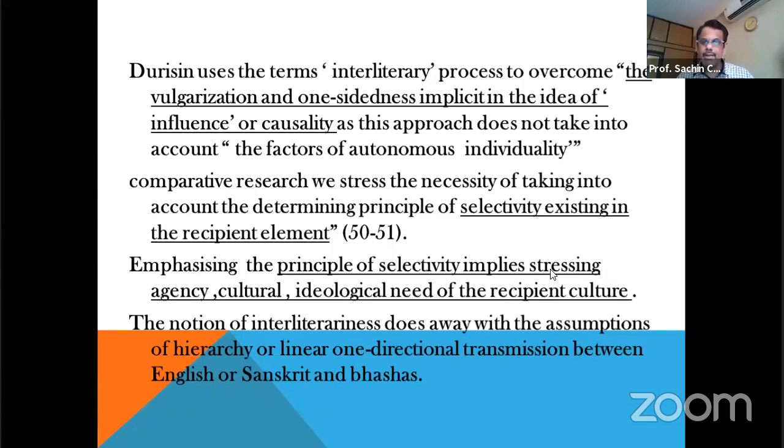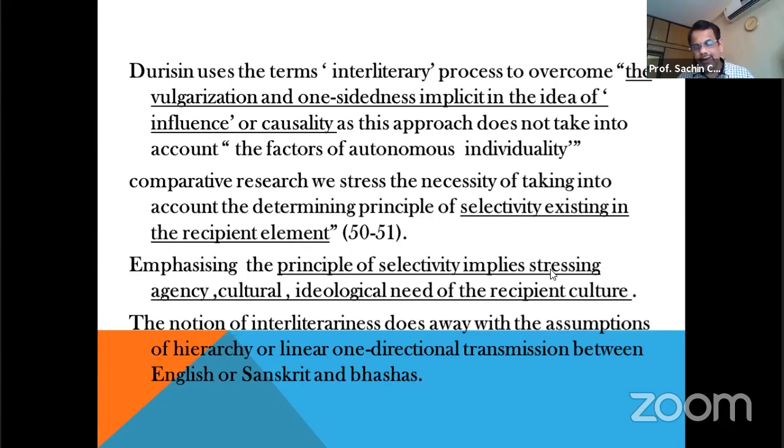And he emphasizes something called factors of autonomous individuality. So comparative literature, he stresses, requires taking into account the determining principle of selectivity existing in each recipient element. By doing that, he is stressing the agency, cultural, ideological need of the recipient culture.